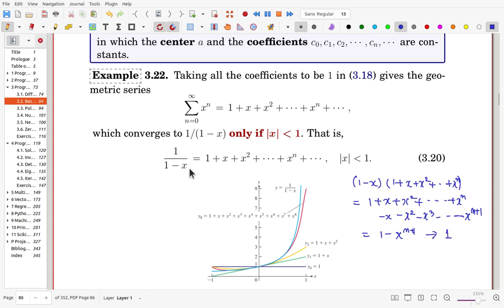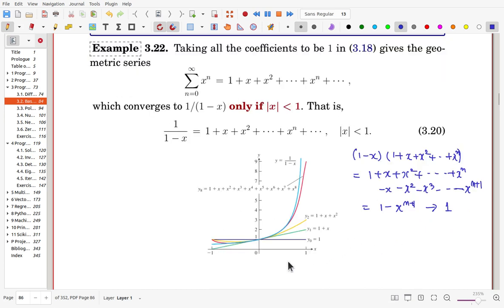That's exactly this statement. Here, for y equals 1 over 1 minus x, we try to make a polynomial. Start with 1 as the first term, then linear, then quadratic, and finally we visualize the 8th order polynomial.